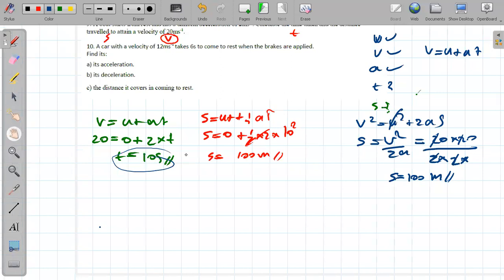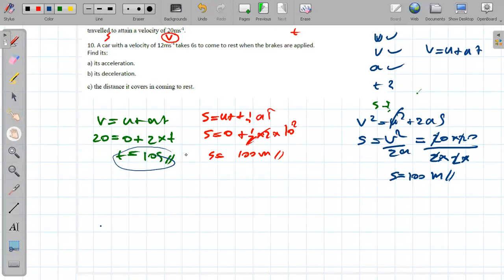Now the next one: a car with a velocity of 12 m/s takes 6 seconds to come to rest when the brakes are applied. Velocity of 12 m/s is u, t equals 6 seconds. We need the acceleration.